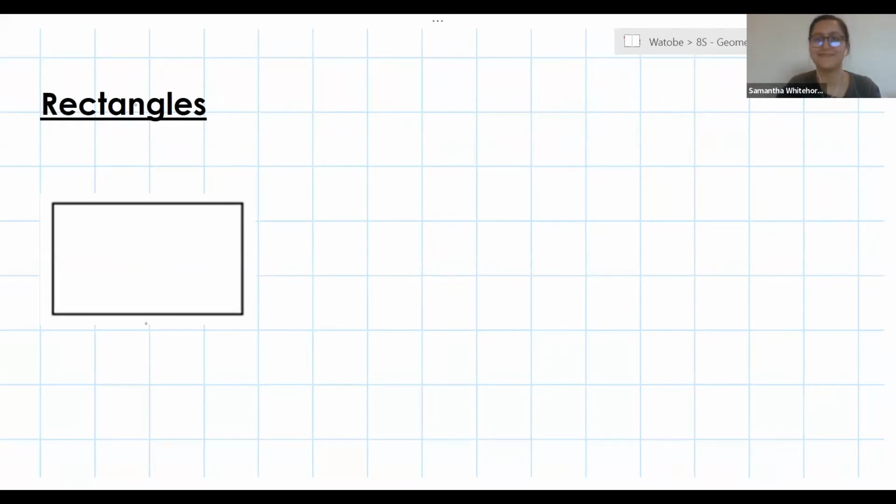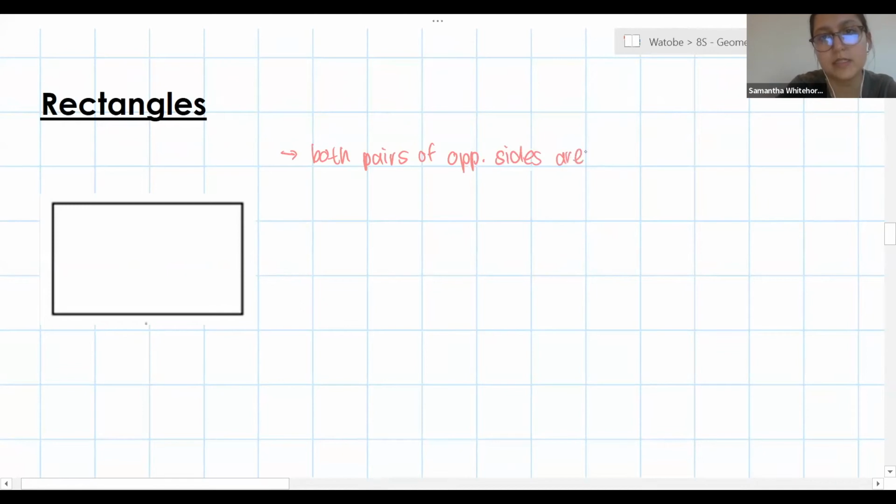Hello, ma'am. The opposite sides are parallel and equal to each other. Good. So both pairs of opposite sides are equal and parallel. Now, guys, this is the same as what we spoke about in a parallelogram.